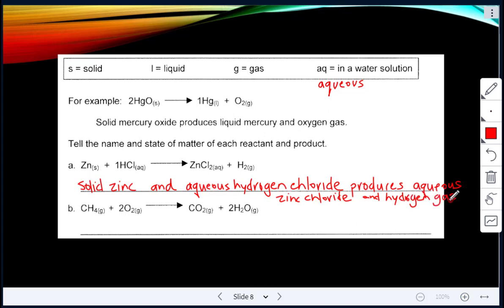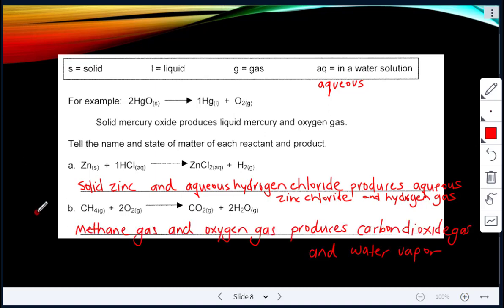All right, so reading this out loud, the whole reaction. So we have solid zinc and aqueous hydrogen chloride produces aqueous zinc chloride and hydrogen gas. So we've included the name of the chemicals or the chemical formulas, and we've also included the states of matter.